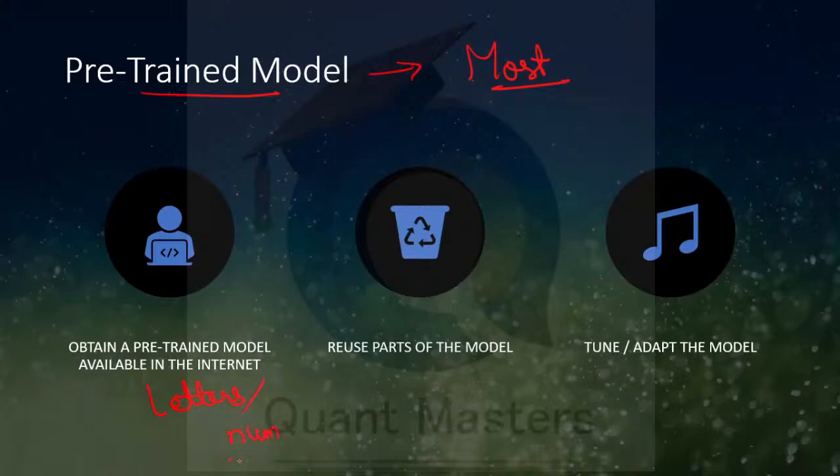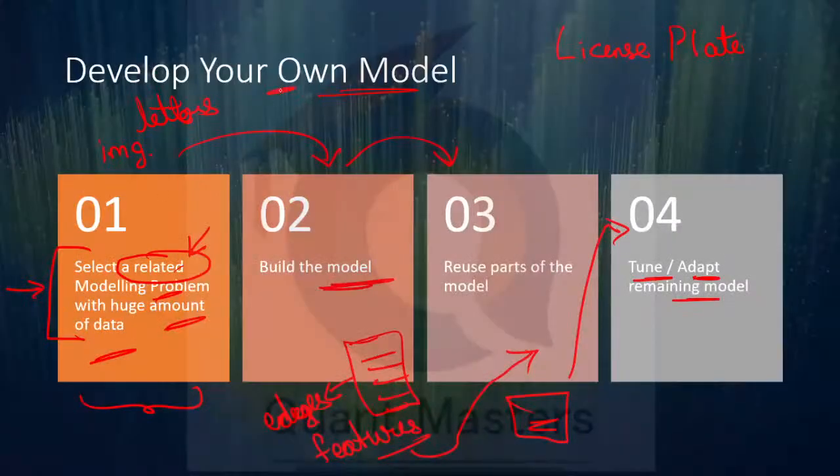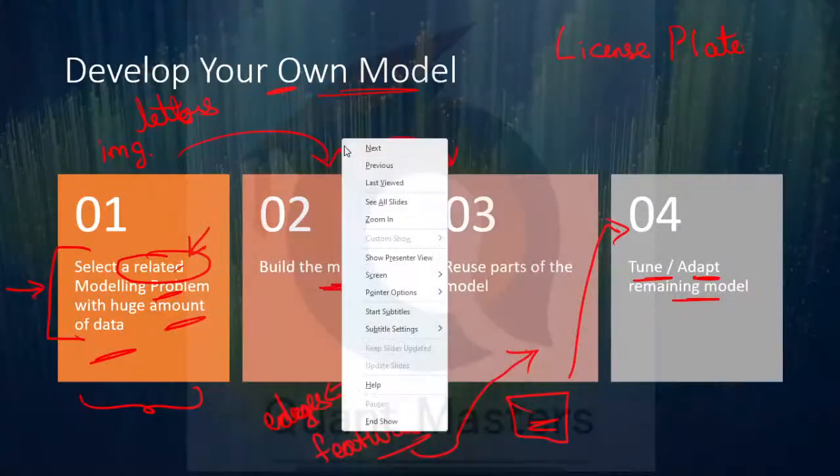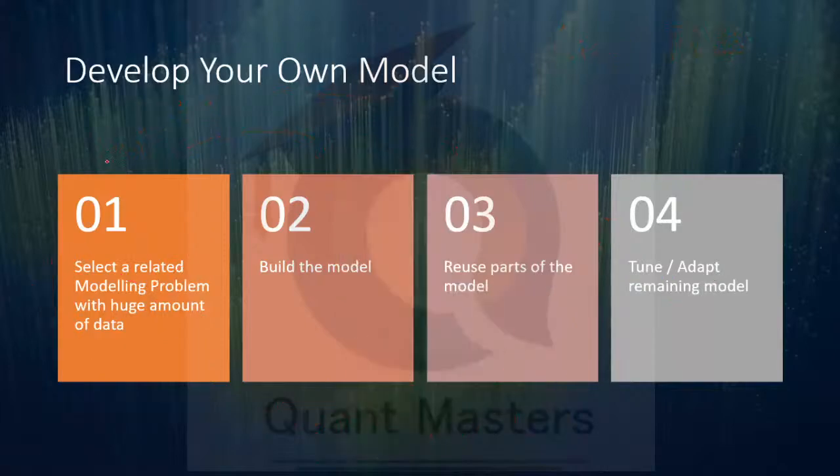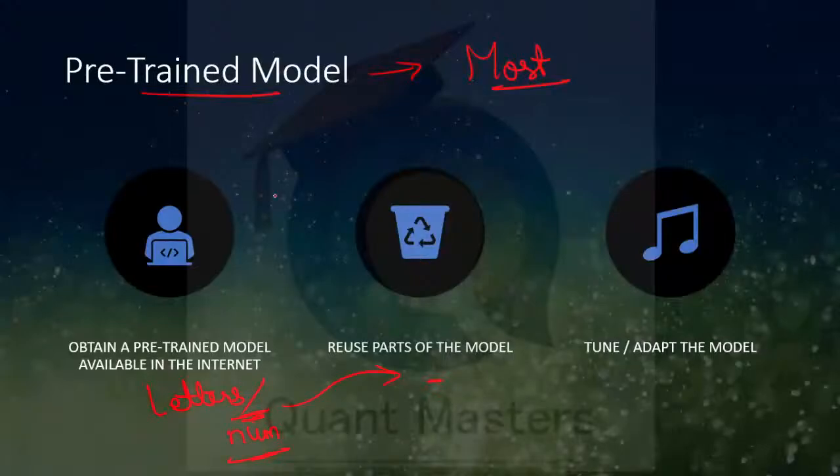Since you may already have a model to identify letters and numbers, you directly take that model. In the previous case, when you're developing your own model, you don't have an already existing model for letters or numbers, so you need to create it by yourself. Whereas when you talk about a pre-trained model, such models already exist. They already exist and you can use them directly.